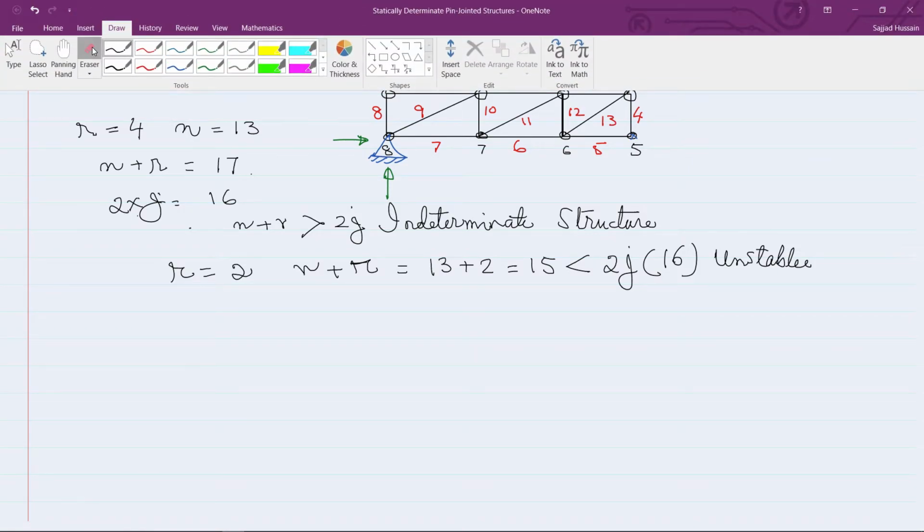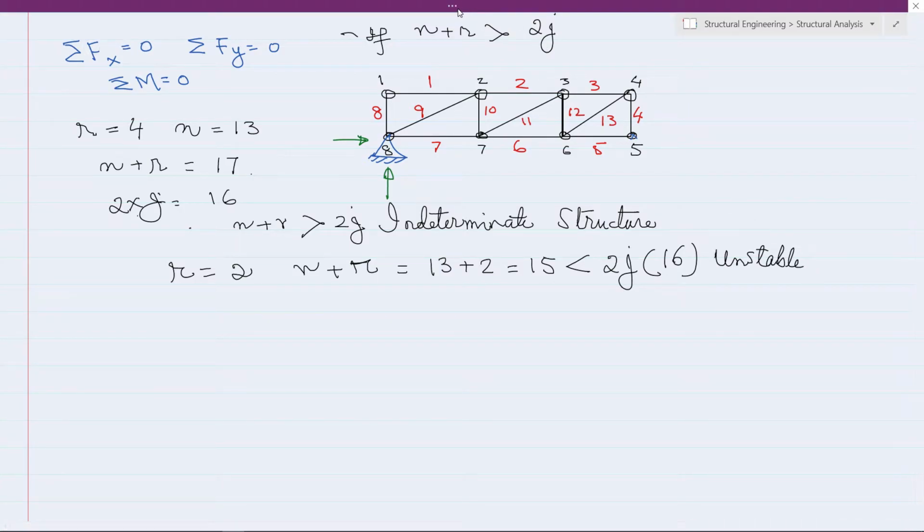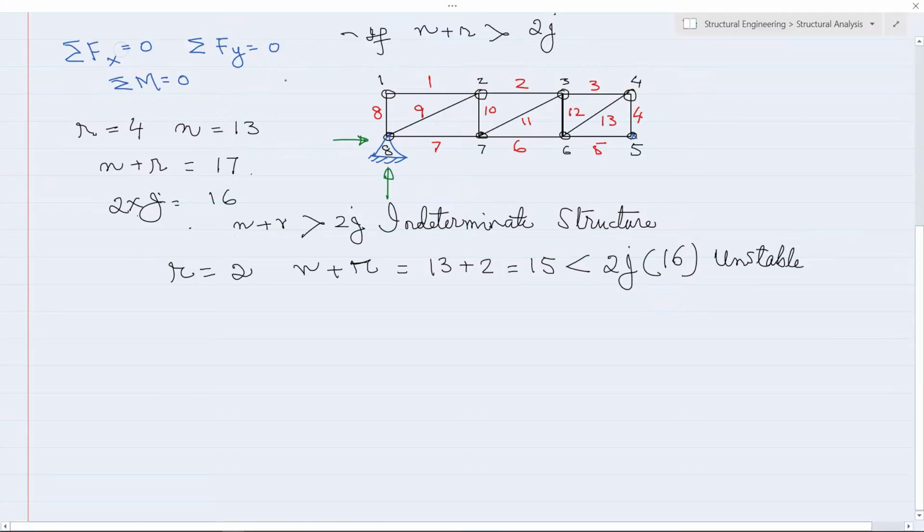Let me correct it, or I can say that it will not be in static equilibrium.